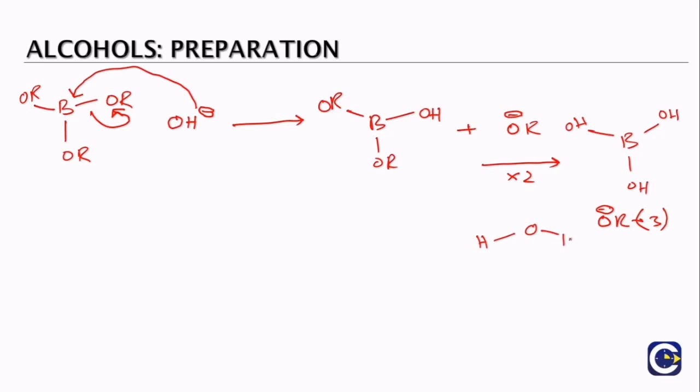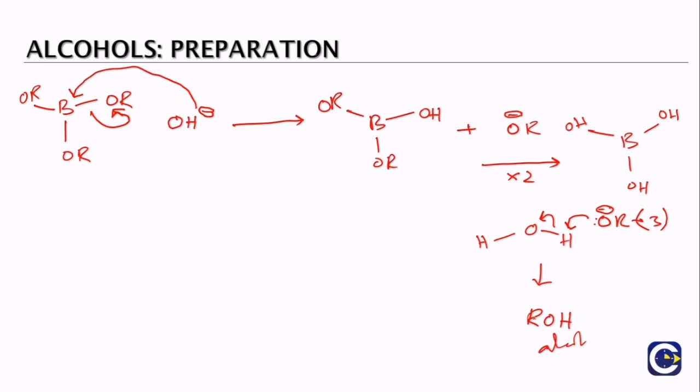What's going to happen is that this oxygen will take one of the hydrogens from the water, giving the lone pair to oxygen, and the yield here is ROH. We'll be getting ROH, that is, the alcohol.